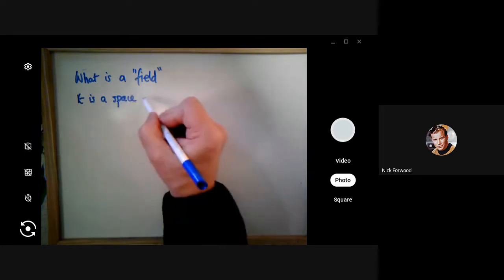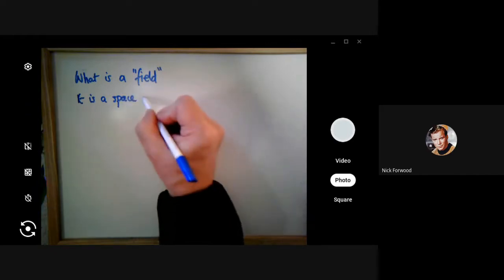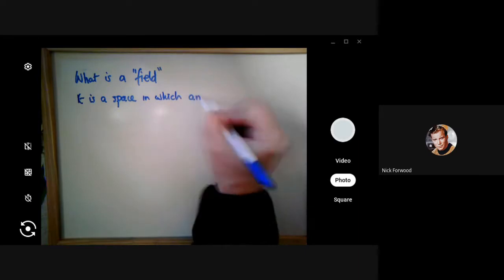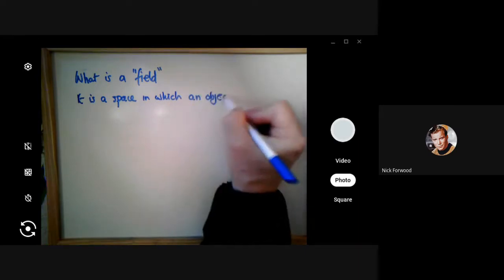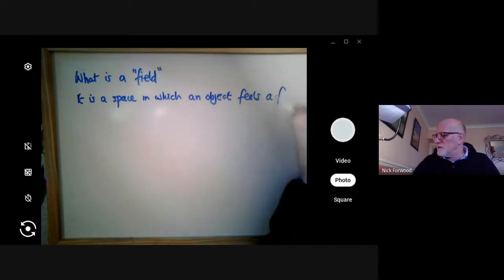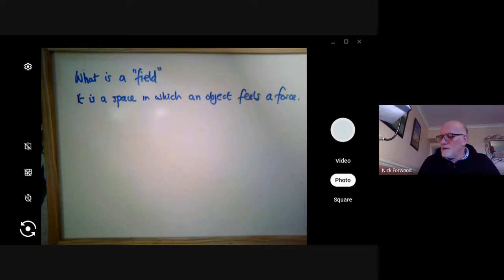Now, it's not a space in physics where cows wander around or you grow grass. It's a space in which an object feels a force. So we're surrounded by a gravitational field which is invisible.